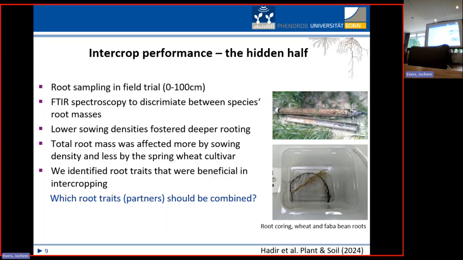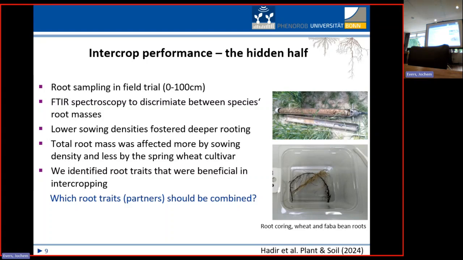And then we also identified wheat traits that were beneficial in intercropping, which was the root elongation at the very early beginning. So if you have a cereal that grows very much at the beginning, it dominates strongly over the legume, also in the later season.